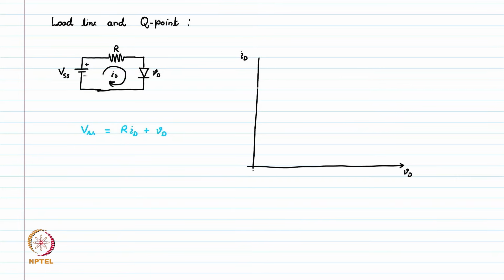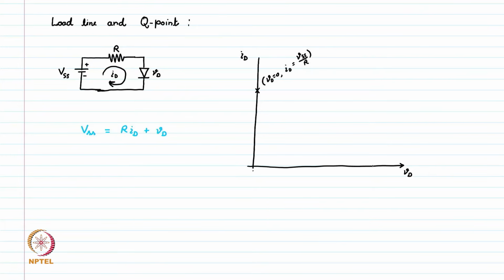At this point, VD equal to 0, then the ID will be VSS divided by R.